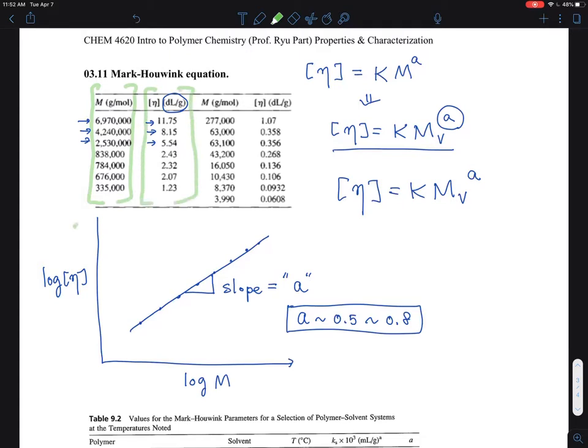So you make the sample, and you do the molecular weight measurement by, let's say, light scattering or osmotic pressure measurement, so you know the values. And then you use a capillary viscometer to measure the viscosity. And then these two are correlated. Now you have found this value. And this is a lot of work for somebody doing this.